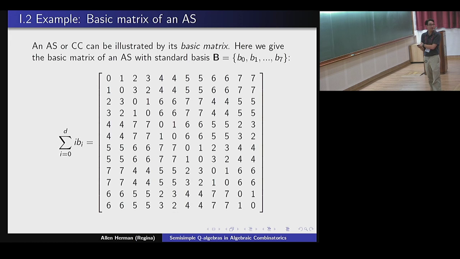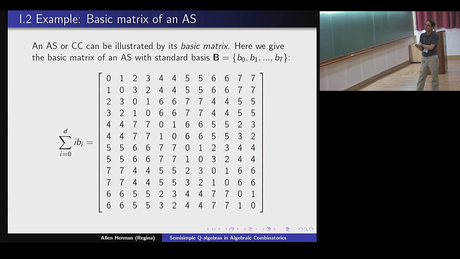B6 transpose is B7, however. And now when you want to check that this is a coherent algebra or an association scheme, you have to multiply. So if I take B5 and multiply it by B6, I take the 5s in this row, those are position 1s, and I would transpose them across these two columns here where the 5s occur. So you think of these 5s lining up with the things in this row.